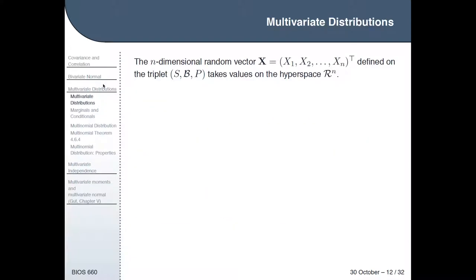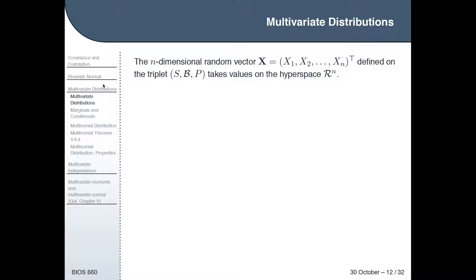Okay, so we've discussed bivariate distributions thus far. Now we'll consider general multivariate distributions, where you have some n-dimensional random vector. By convention, it's defined on the Borel sets in the hyperspace Rn.